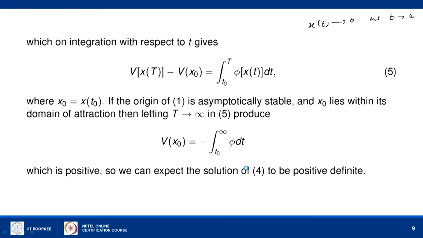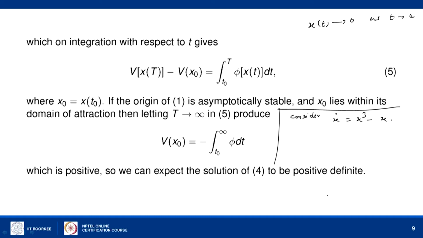Let us try to find it with the following example, the simple equation x dot equal to x cube minus x. This is a one variable function, so it can be easily analyzed and checked to be asymptotically stable at x equal to 0.